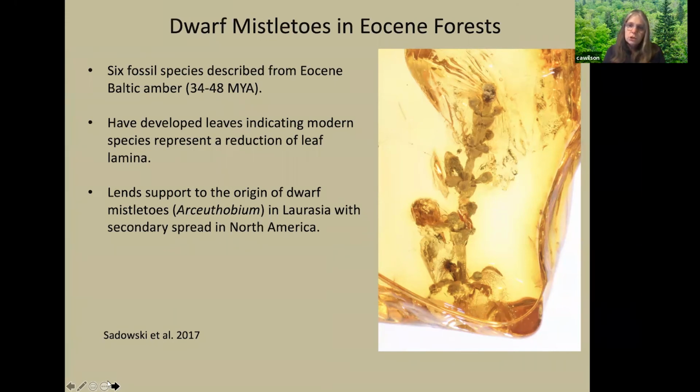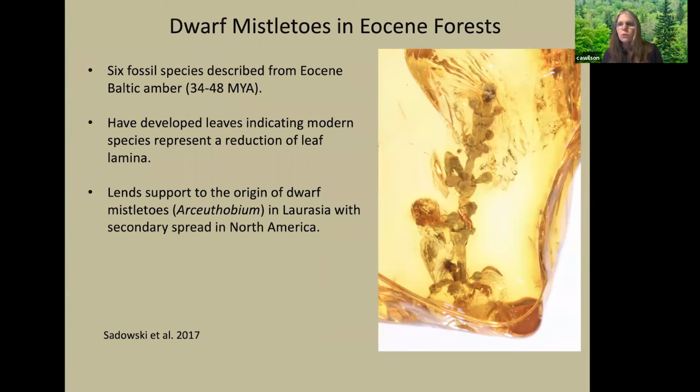She got some very nice images from the Baltic amber. And you might see this and say, oh, well, that looks very much like our current mistletoe, and it does. But the interesting thing is, if you look down here, they have these small leaves. So at least the ones that she has found in Baltic amber, they have leaves.